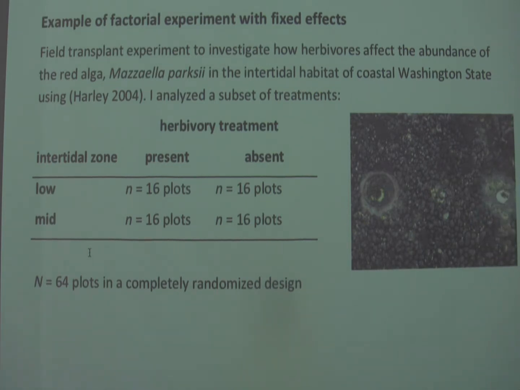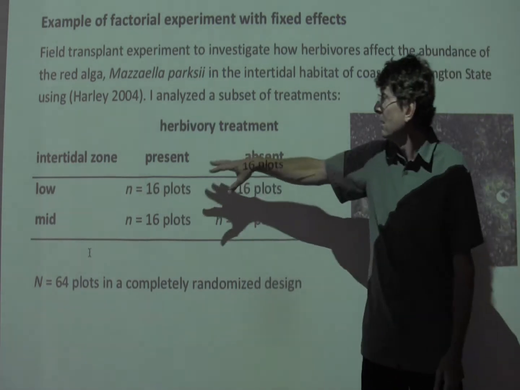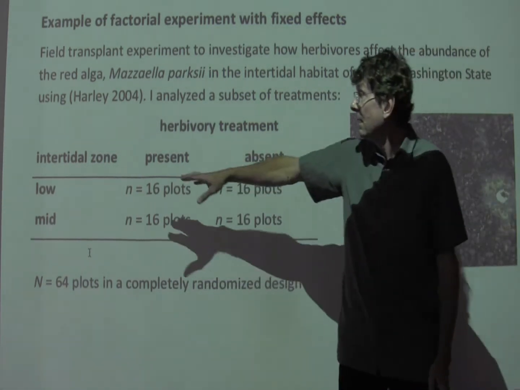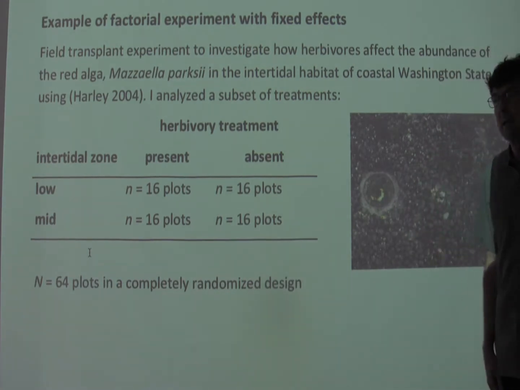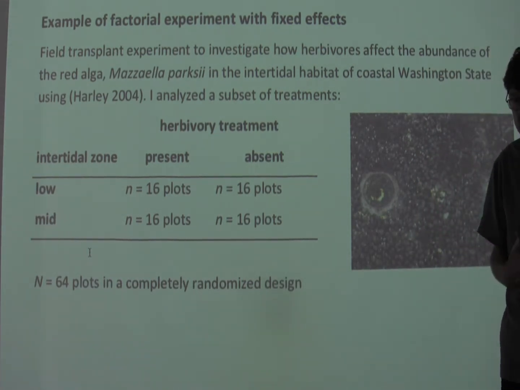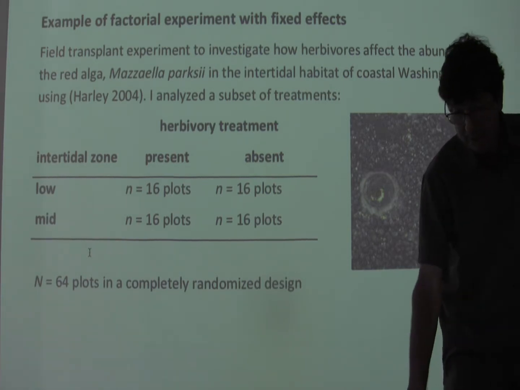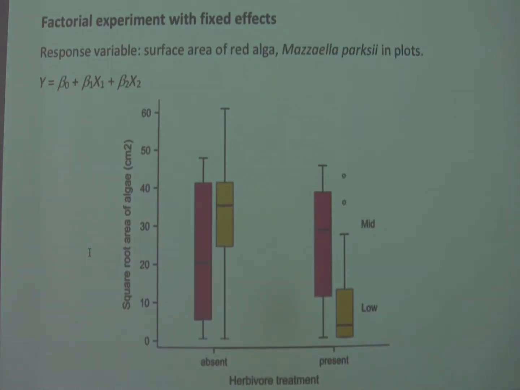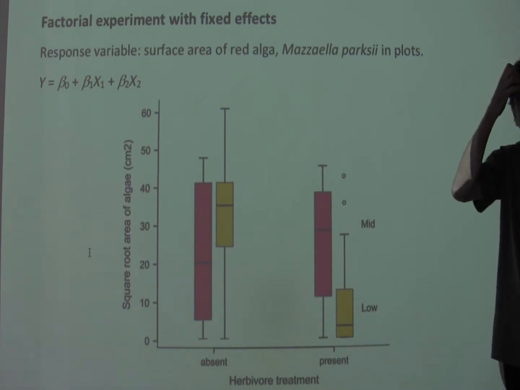This is a factorial experiment, all combinations of the two levels, herbivores present and absent, and intertidal zone low and mid. All combinations were conducted and replicated, and they could be repeated. Someone else in Chile or somewhere in Europe could repeat the experiment.